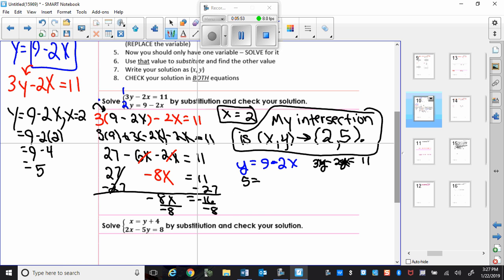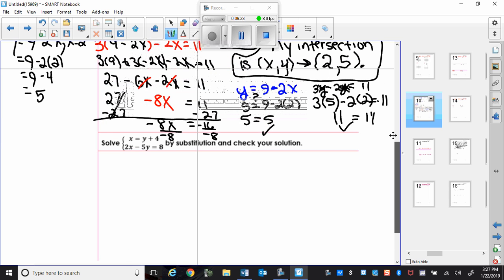Does 5 equal 9 minus 2 times 2? And 5 equals 5, so that checks out. So we get a check over here. So this solution is good so far. And then 3 times 5 minus 2 times 2, does this equal 11? 11 does equal 11, so this side checks out. So this solution is great.